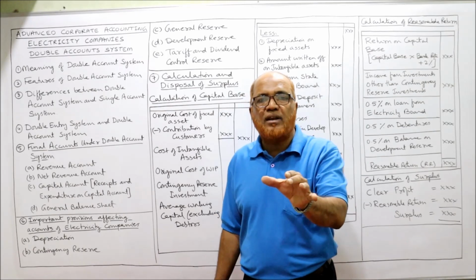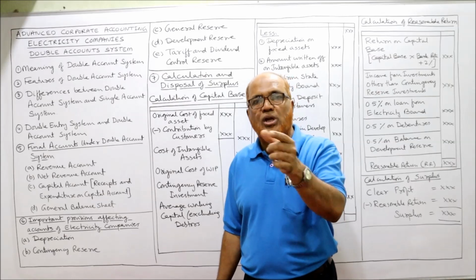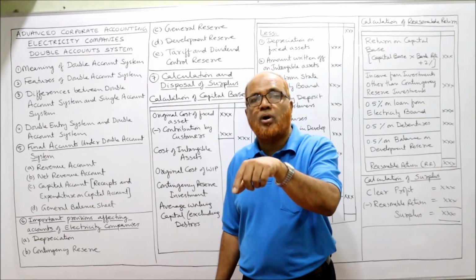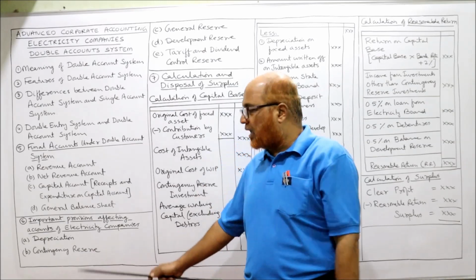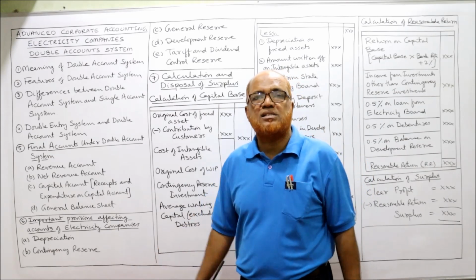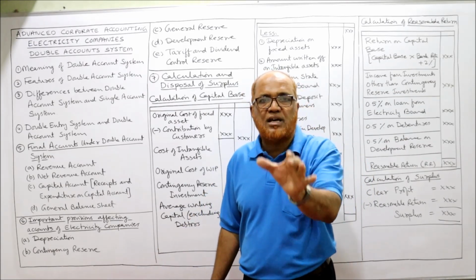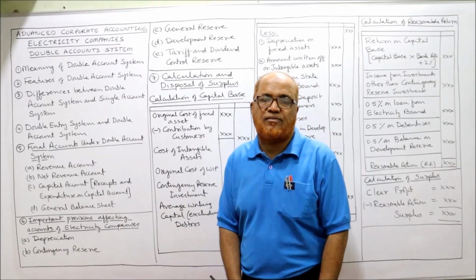The provisions state that not less than 1/4% and not more than 1/2% of the original cost of fixed assets should be transferred to the contingency reserve. The Electricity Companies Act has also given where we have to apply, where we have to use this contingency reserve.